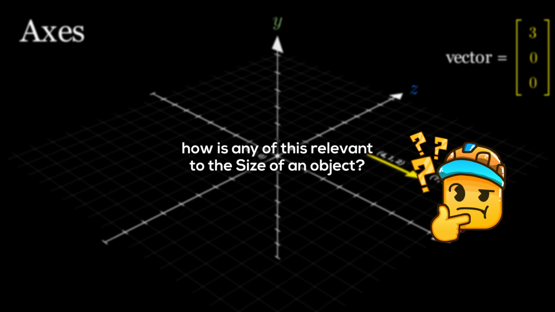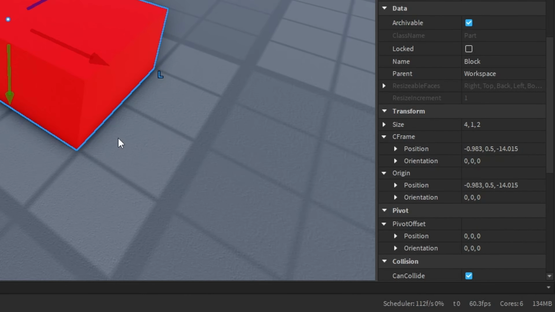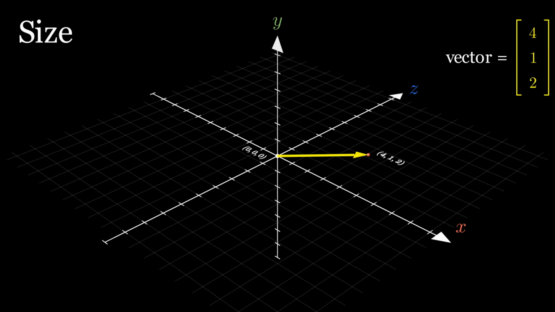However, you might be wondering how any of this is relevant to the size of an object. If you look back at the size of our part, it says the size is a vector of 4, 1, 2. This means that the part fills the area between the origin and the point 4, 1, 2. So the part is created using these 2 points as opposite corners.